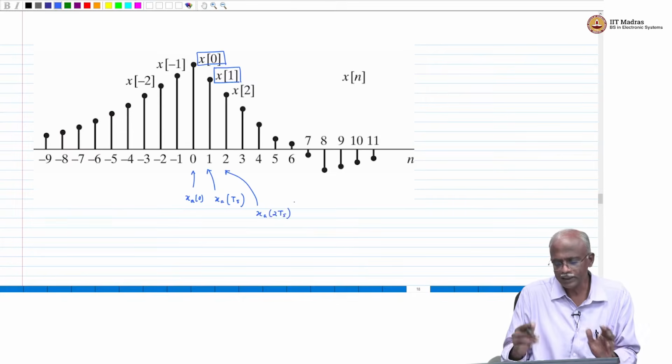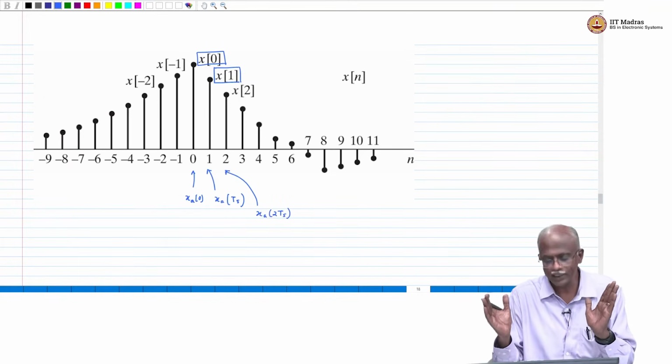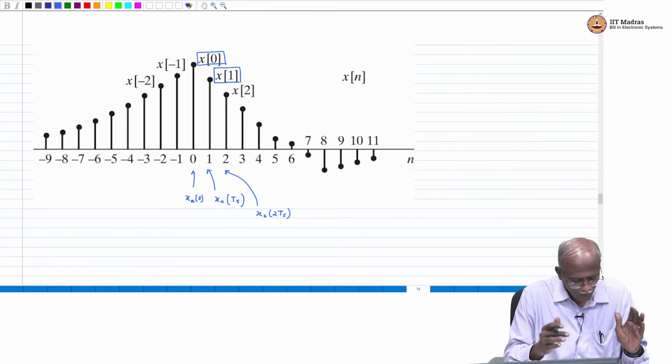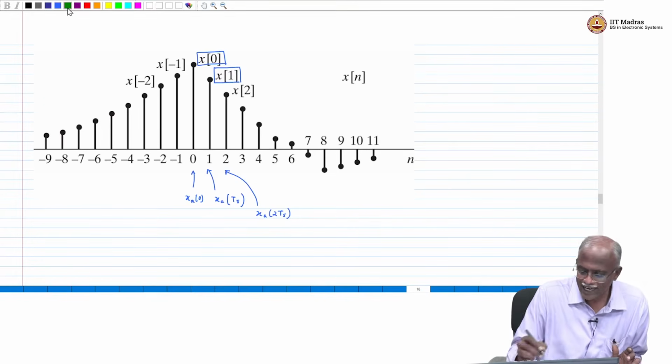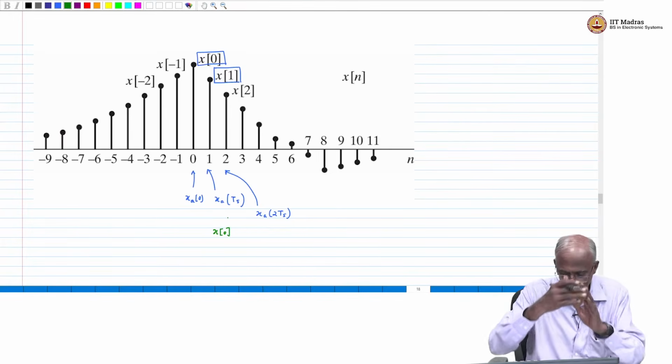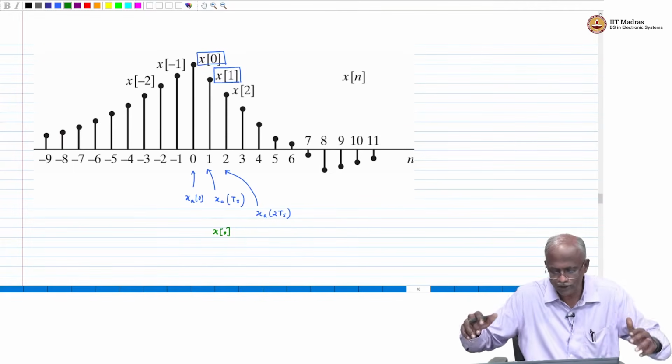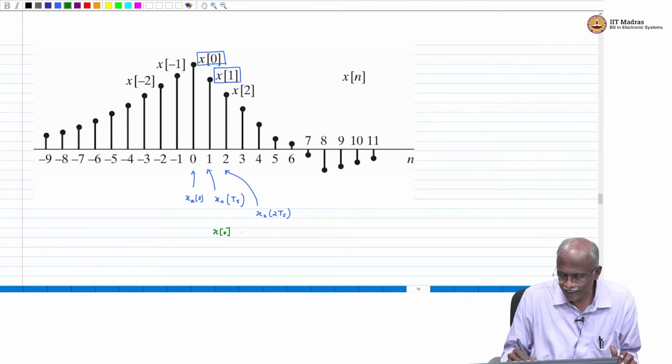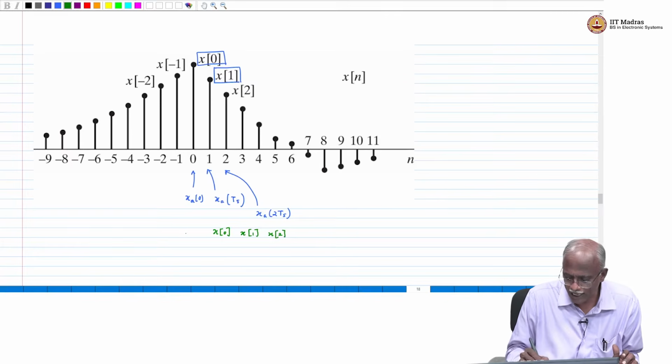Basically, this is the process of sampling, and what happens as a result of sampling is that you now get a sequence of real numbers. If xa of t was a real valued function, now you have a sequence which has x of 0, x of 1, x of 2, and you can also have x of minus 1, x of minus 2 and so on.